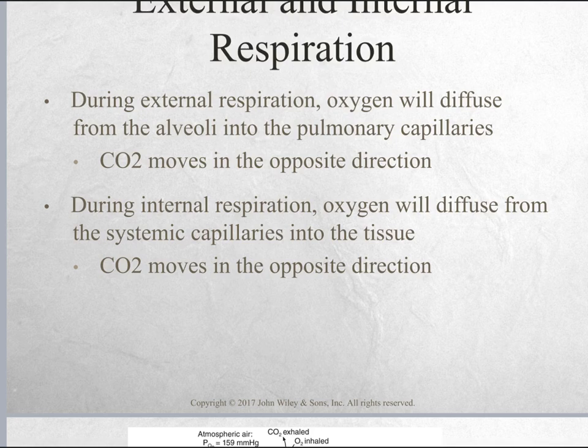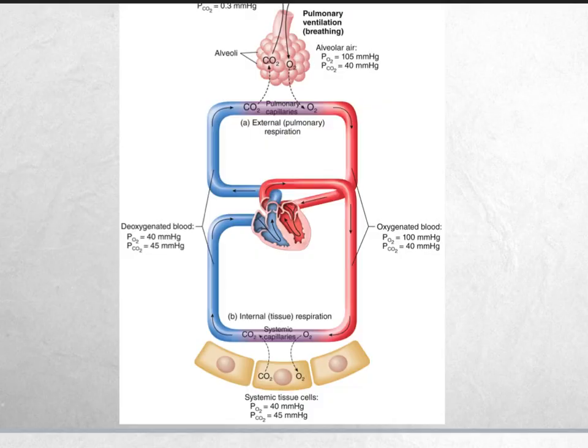So again, to recap, on a pulmonary level, we are loading oxygen into the blood, unloading CO2 out. And on a tissue level, we are unloading oxygen into the tissue and loading CO2 back into the blood for removal.